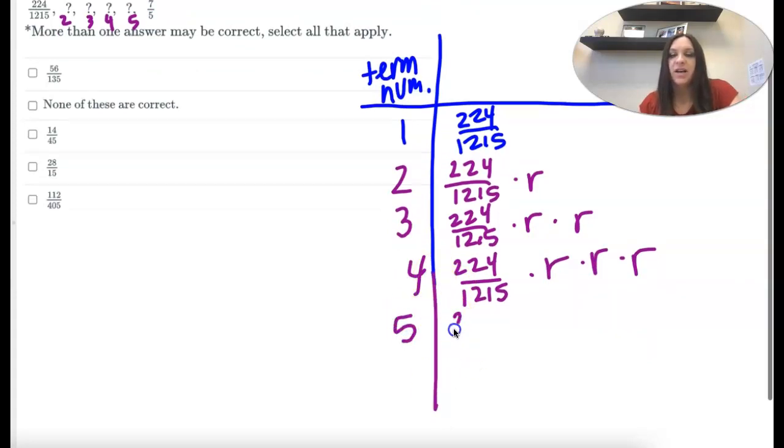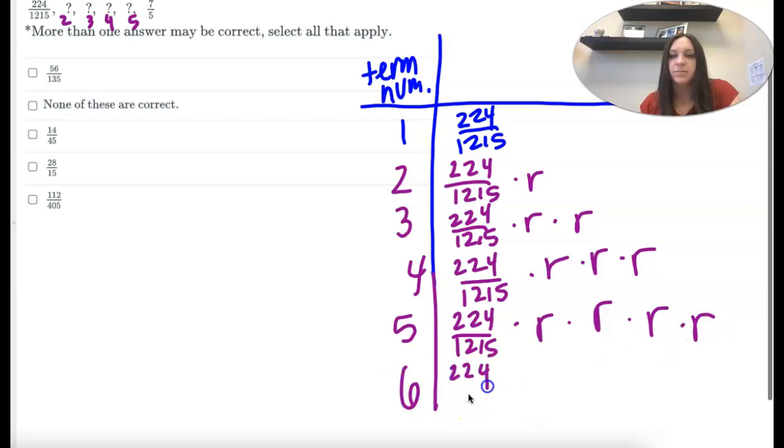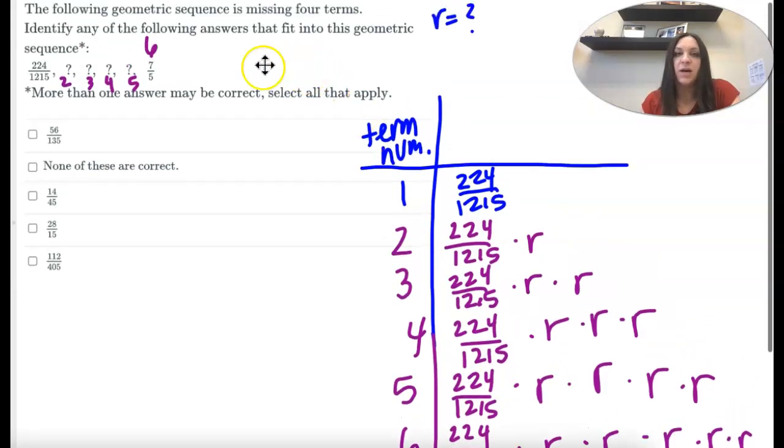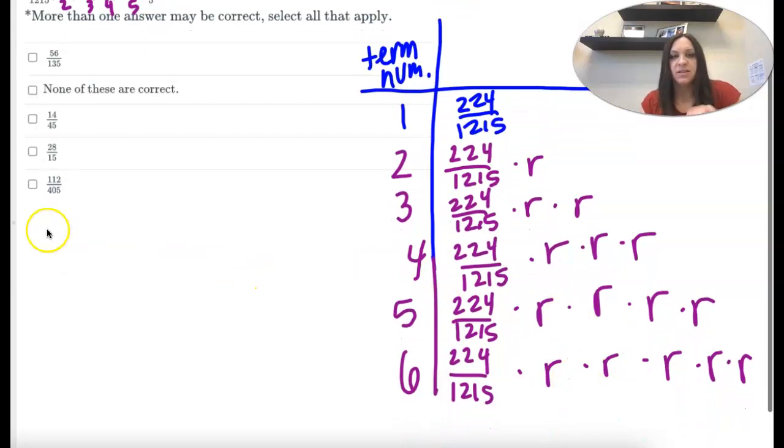To get term 5, I would times by r again. So I'm up to 4 r's. To get the sixth term, I would be timesing by r 5 times. But I know that one, it's 7/5.